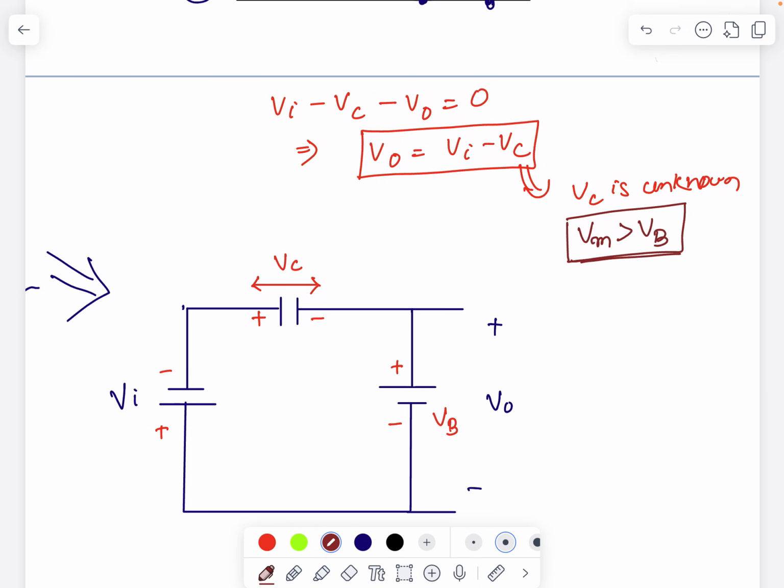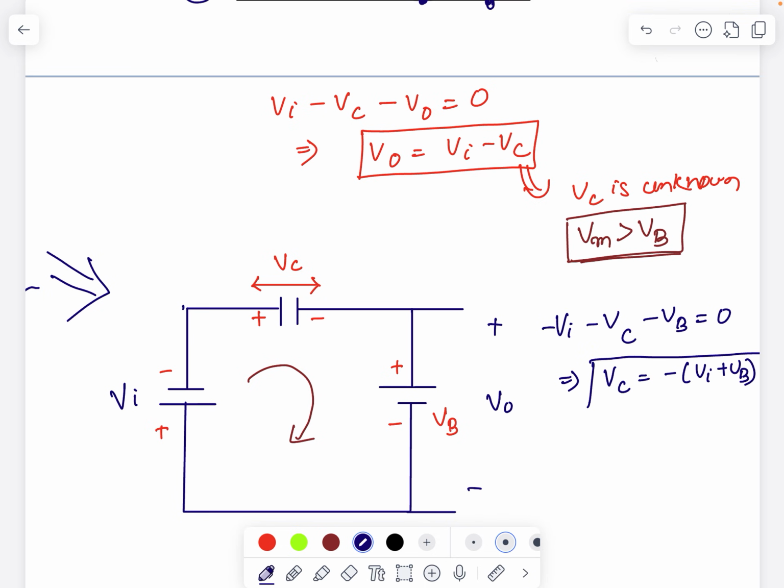If we apply KVL here, I'll write plus to minus Vi, then minus Vc, then minus Vb equal to 0. If I solve this equation, I will get Vc equal to minus of Vi plus Vb. So this is the capacitor voltage.